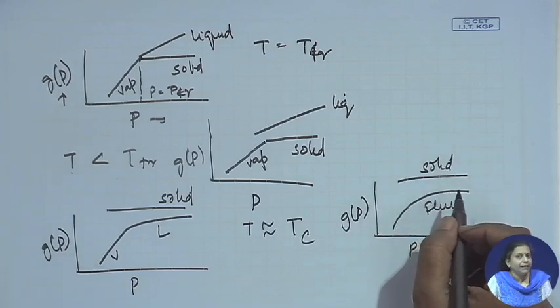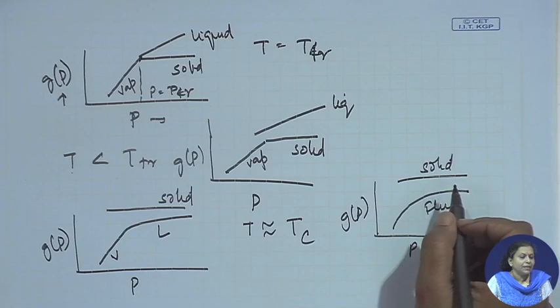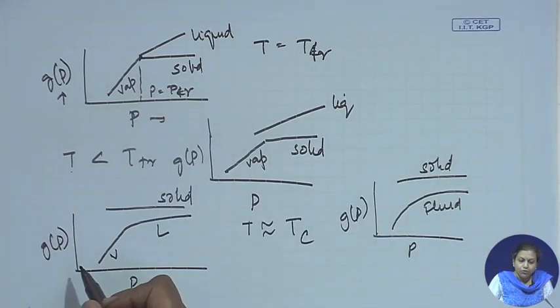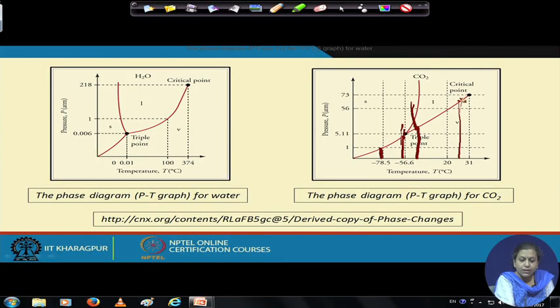Now, before I end, I would just like to mention that all these curves that I have drawn here are for a pure substance, for example, carbon dioxide or benzene or anything. Do you expect the same type of curves to hold when we are going to deal with water?